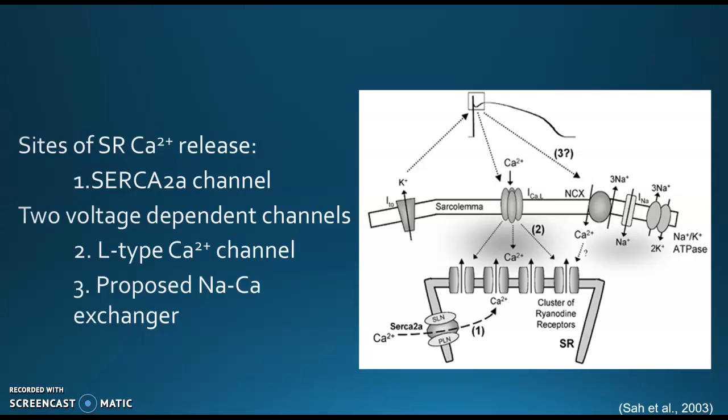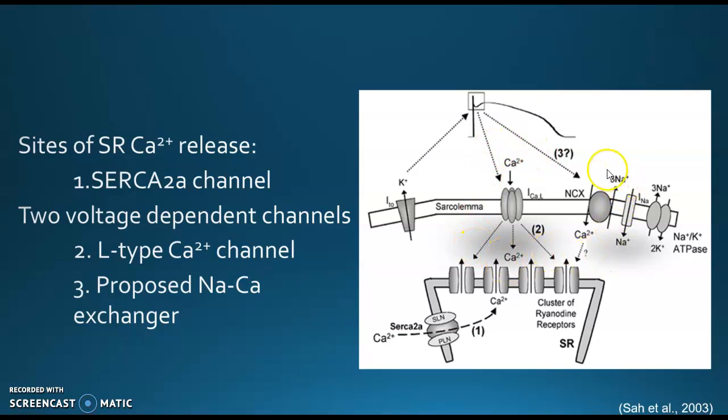Okay, so that potassium that we see go out initially in that first phase of repolarization is what starts this process to make it effective. And so we have here our potassium that's moving out of our cell. We have our calcium that's moving into our cell.